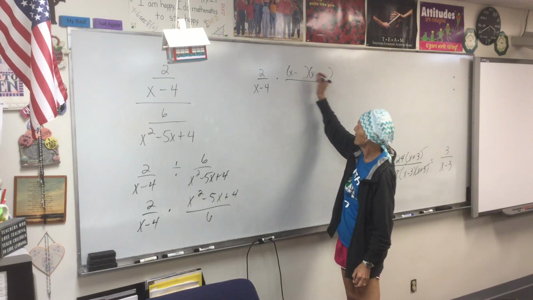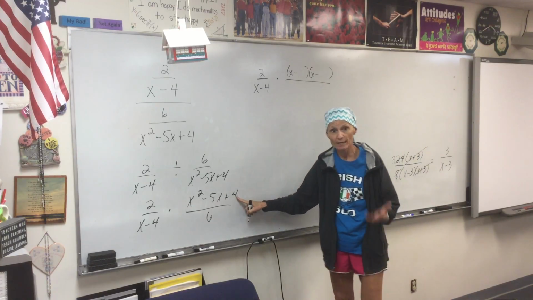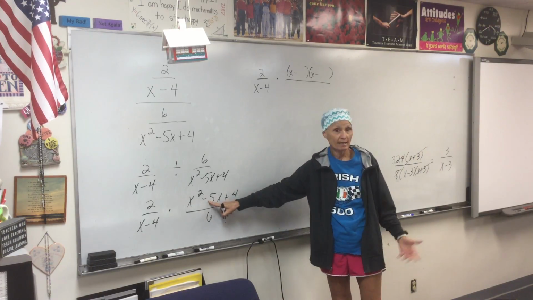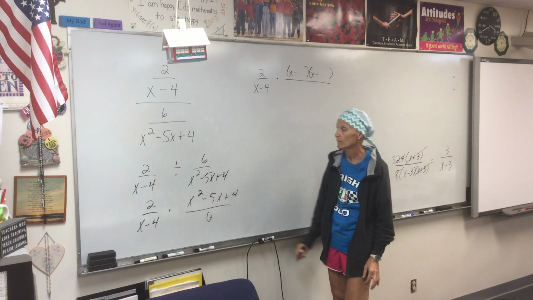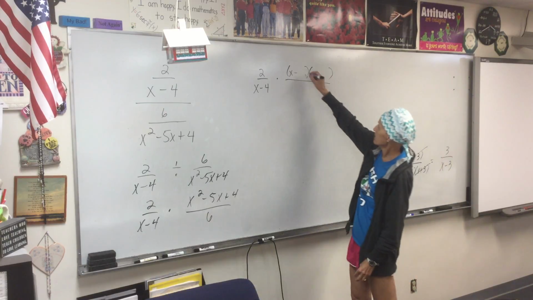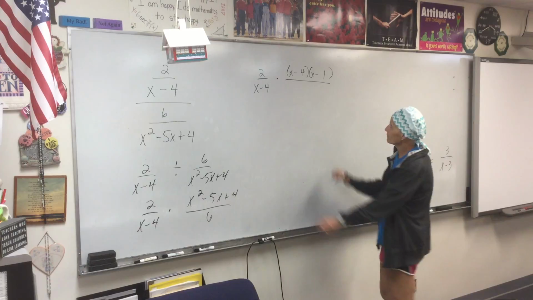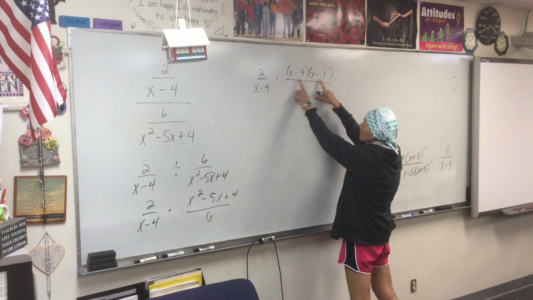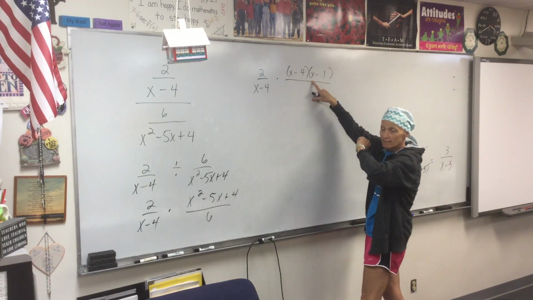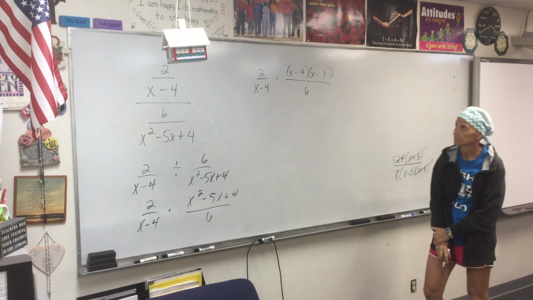These are going to have to be minuses because whatever I put here has to multiply to give me a positive number, but add up to be a negative number. So what would be the best choice? If you're saying 4 and 1, you are exactly right. Because when you FOIL that out, you're going to get a minus 1x and a minus 4x. That's how you're going to get that minus 5. Perfect.